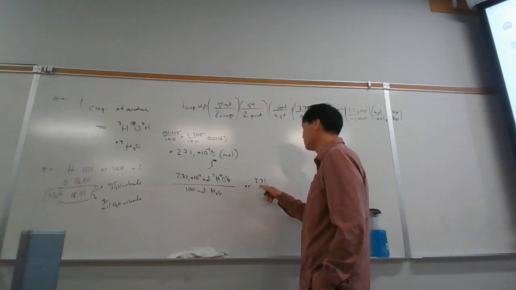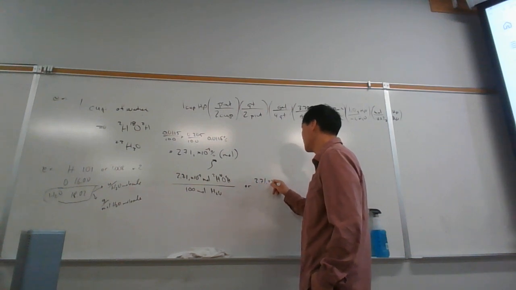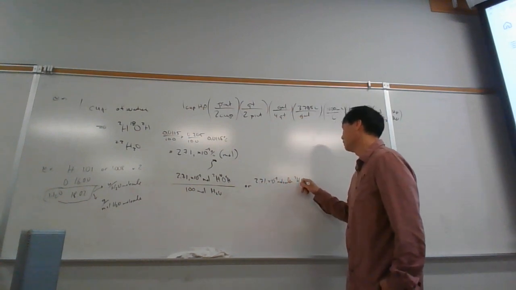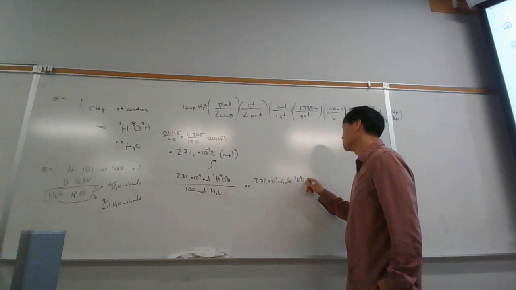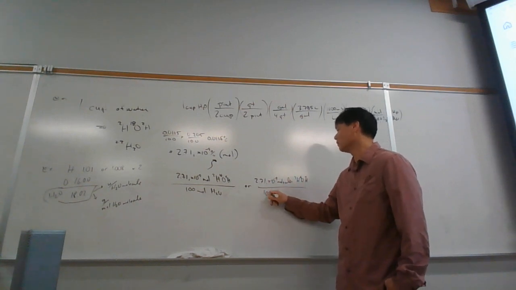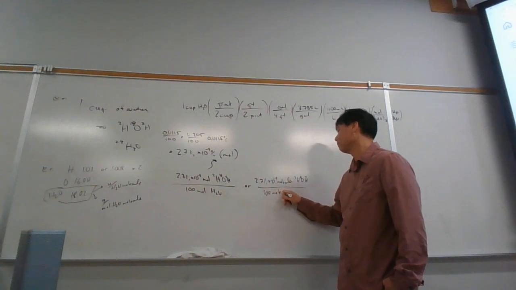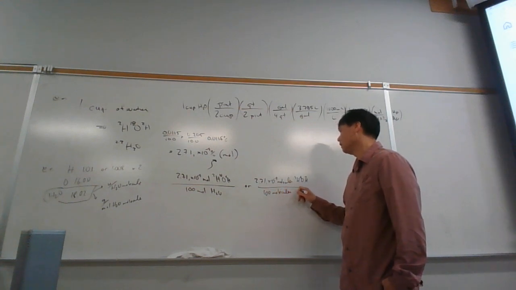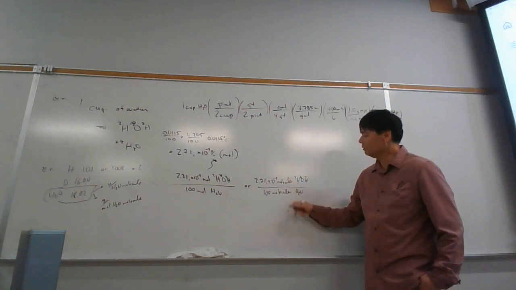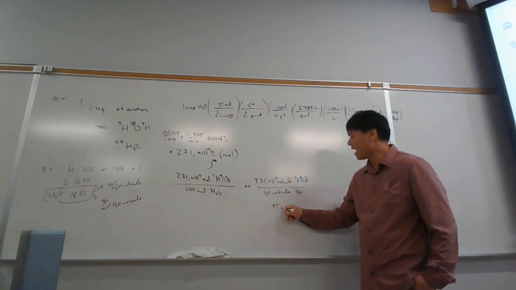We can say 2.711 times 10 to the minus 9 molecules of H2O18H2 per 100 molecules of H2O. And so it could be a molecule or an atom percent.